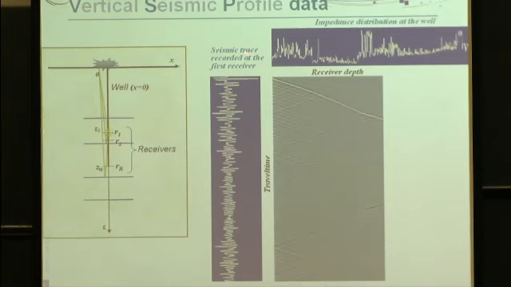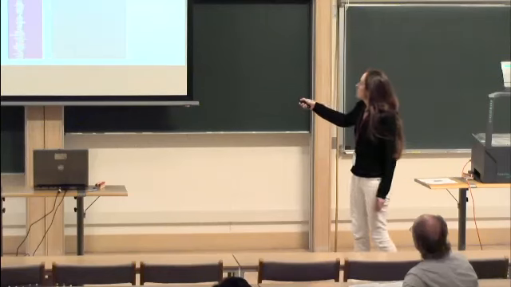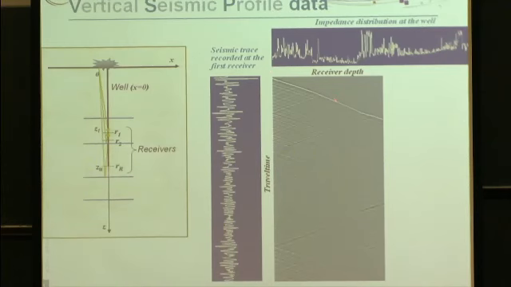So here you have an example of VSP data that has been computed by solving the acoustic wave equation in a model that presents a high amount of heterogeneity. So what you see is the first arrival, which is a downgoing arrival, and you also see many other downgoing arrivals, and these waves have undergone some reflections.